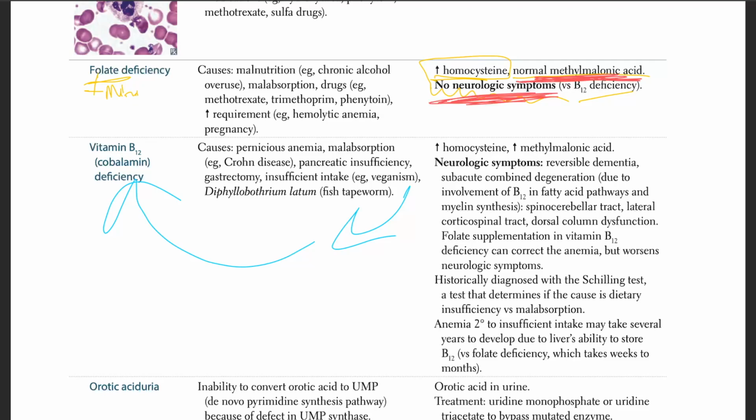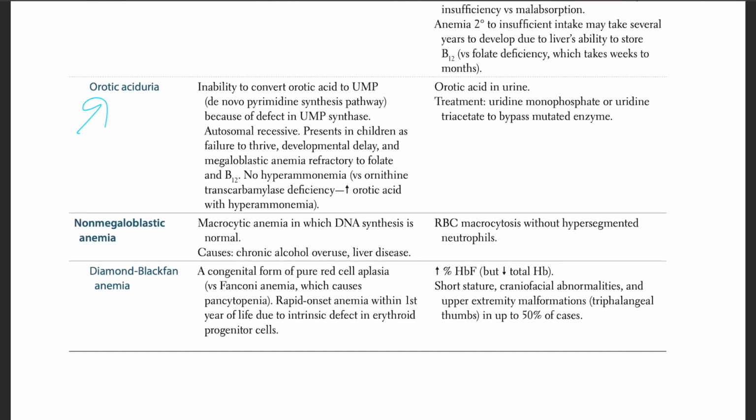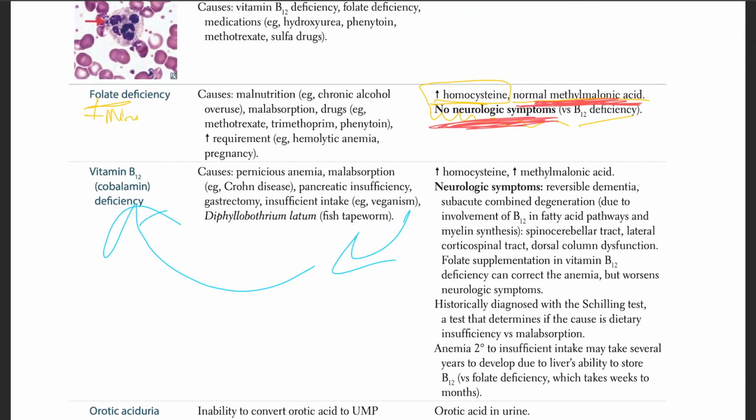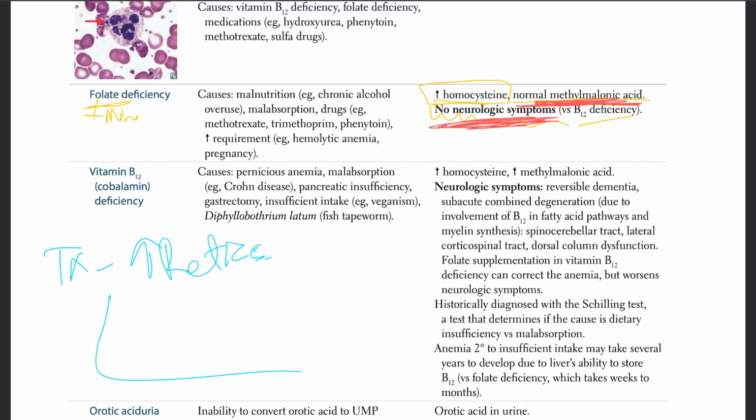But moving on to orotic aciduria. Now here, one last thing, guys. When you treat the deficiency, you will have an increase in retics, right? So there's a graph. The graph is, if you were to give treatment, 1 week, 2 week, 3 week, 4 week, 5 week, and so on.